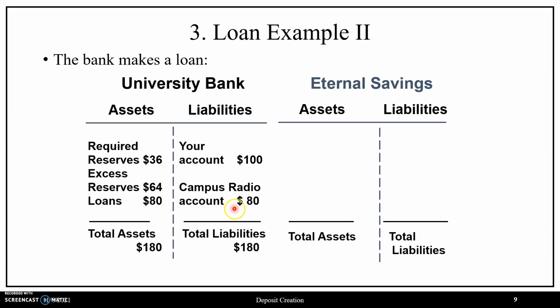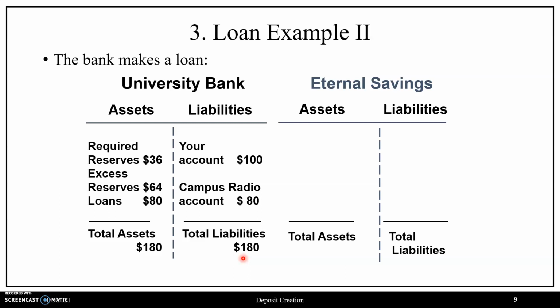So 80 equaling 80 in terms of this loan, and our initial deposit of 36 plus 64 equaling 100, equaling our deposit of 100. So our assets of 180 equaling our liabilities of 180.